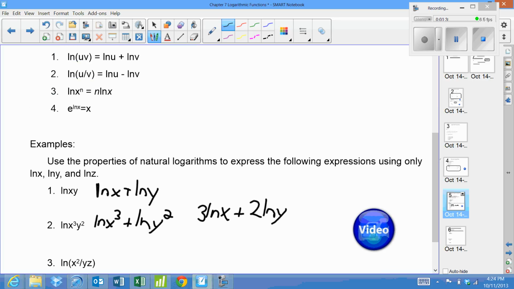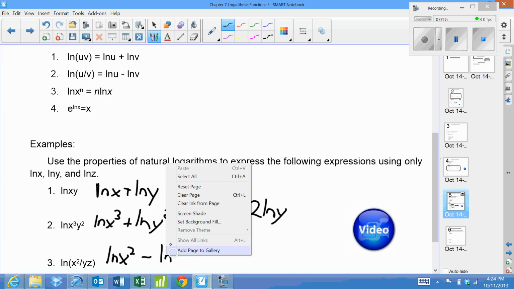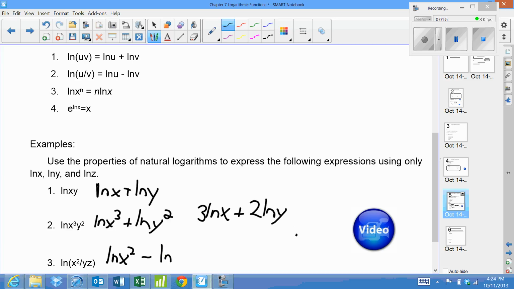Well, not lastly, I guess, but one of our last ones here. We've got natural log of x squared divided by yz. So we've got a couple things going on here. We first got a division problem, which I'm going to break up first. So I've got natural log of x squared minus natural log of y, plus natural log of z, okay?